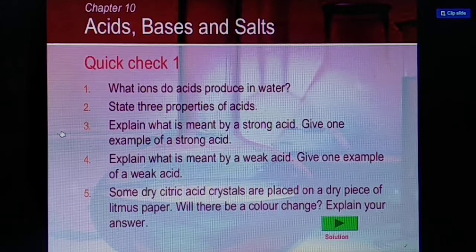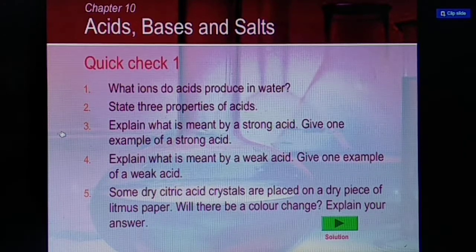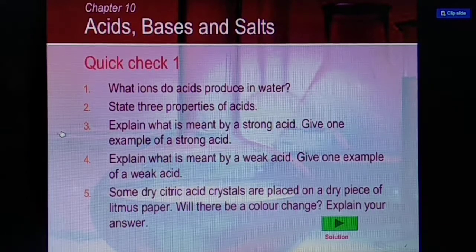Will there be a color change? Explain your answer. You know students, when acid reacts with the blue litmus paper, it turns it to red litmus paper. So these are the 5 questions on the topic of acids.